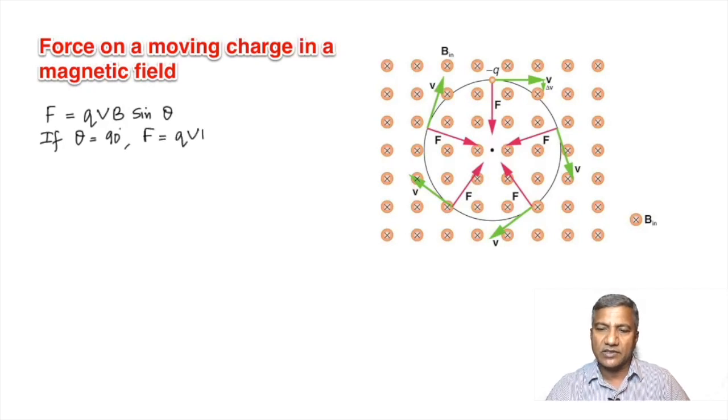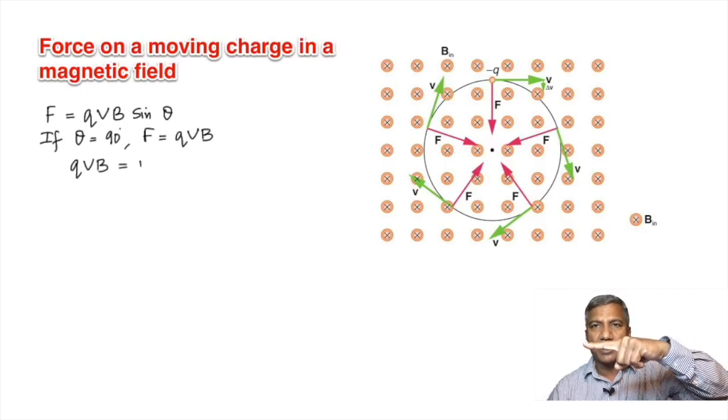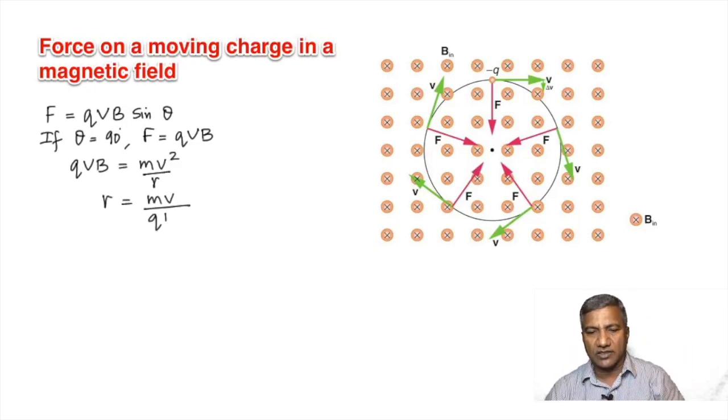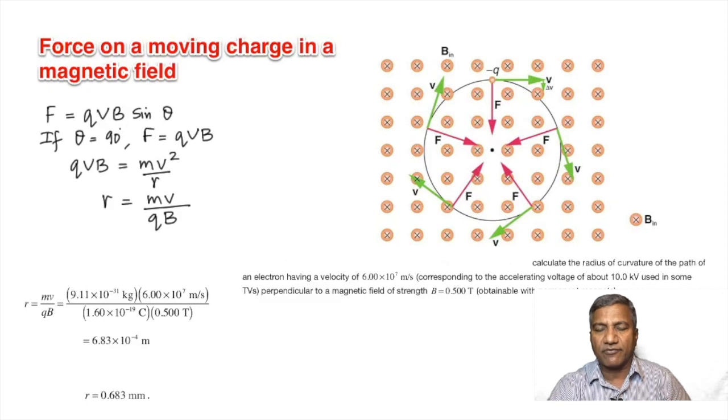In this case, theta is 90 because the particle is entering at right angles to the field. So theta is 90, which makes F qvB, and then this must be the centripetal force, which is mv squared by r. Rearrange that, you get the formula for radius as mv by qB. That's an important formula to remember.